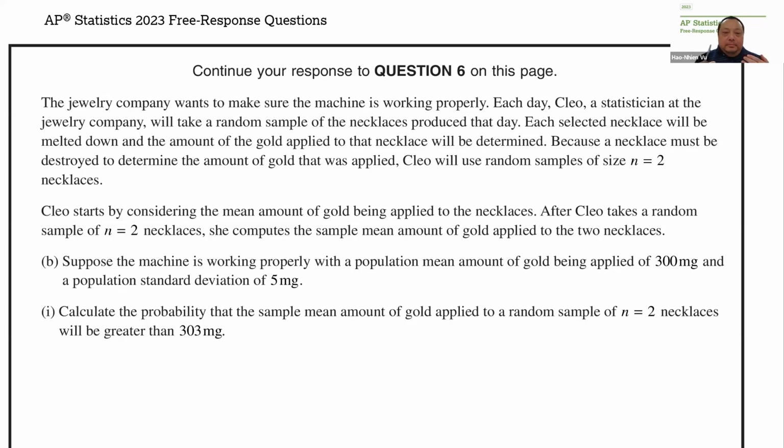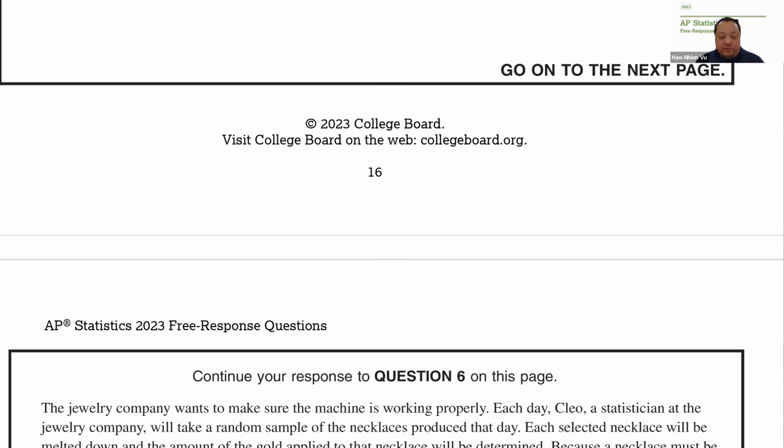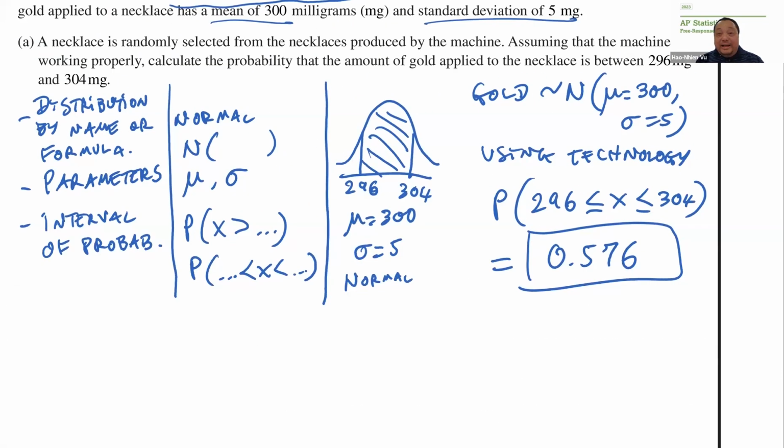All right. Even though we have a very small sample size, n equals 2, in this case, the central limit theorem still applies because the population distribution of the gold is given as approximately normal. By the central limit theorem, we can use the normal distribution to calculate this probability. And again, a normal calculation requires all of these identifiers, so let's make sure we do that.